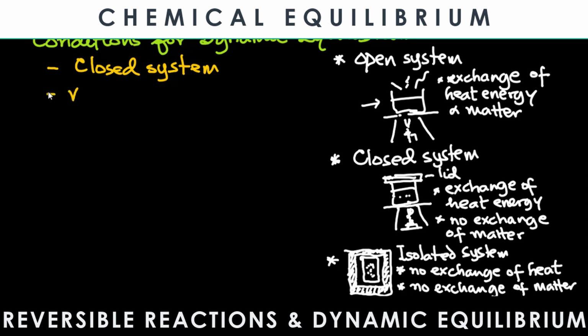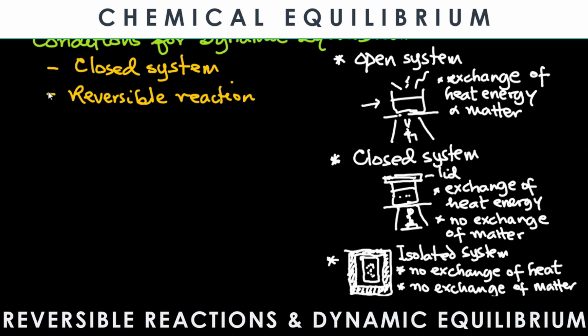So apart from the system being closed, there will also be what? Reversible. It must also be what? Reversible, right? The reaction must occur in a closed system, one. Then the reaction must be what? Reversible, right? Then after the reaction is reversible, the rate of the forward reaction must equal the rate of the what?